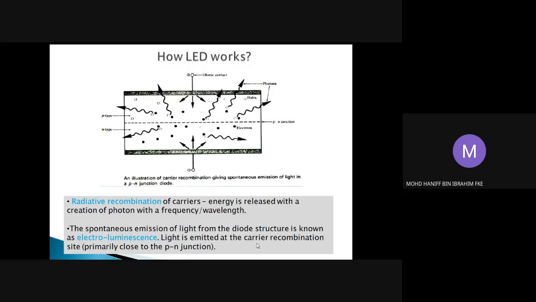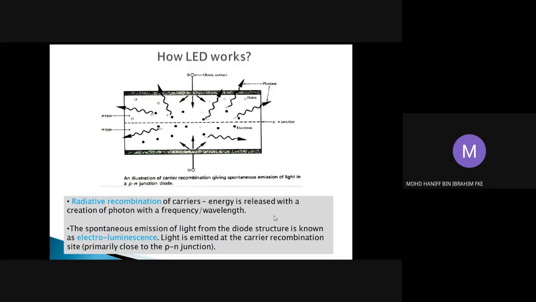I put it here that spontaneous emission of light from a diode structure is also known as electroluminescence. This is what we mentioned before: luminescence, light that can be produced by the LED as a result of spontaneous emission.